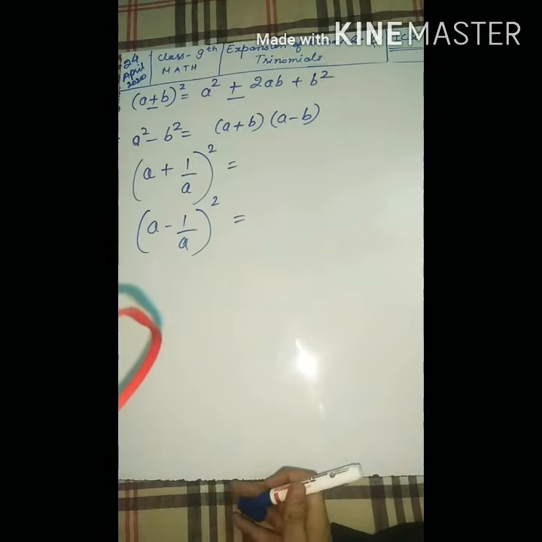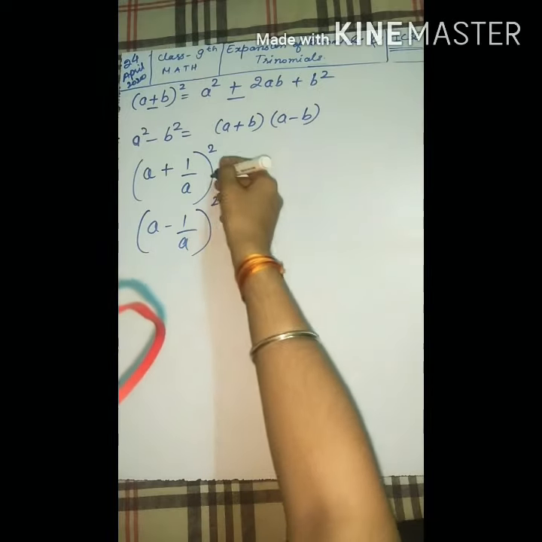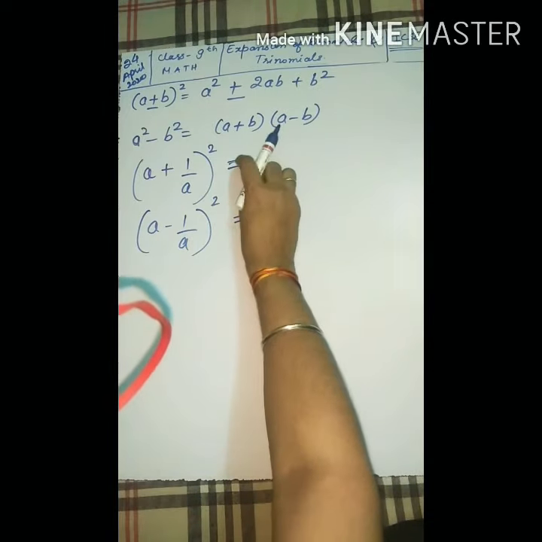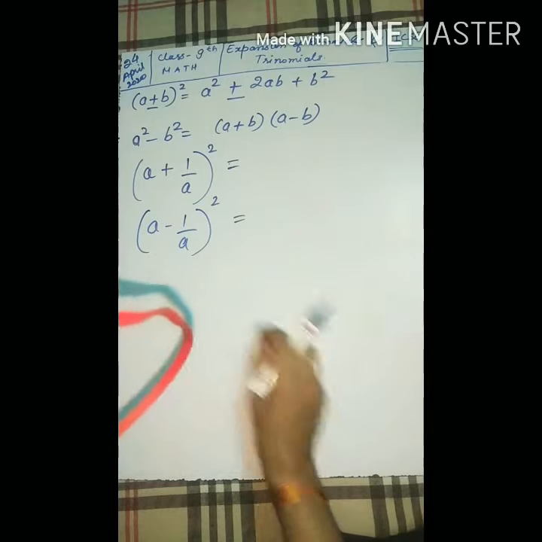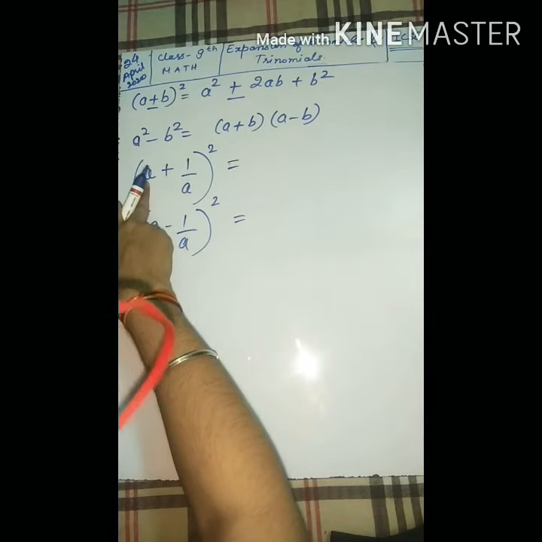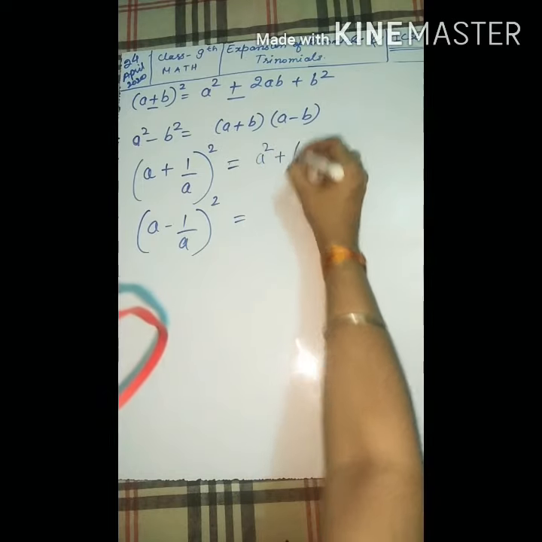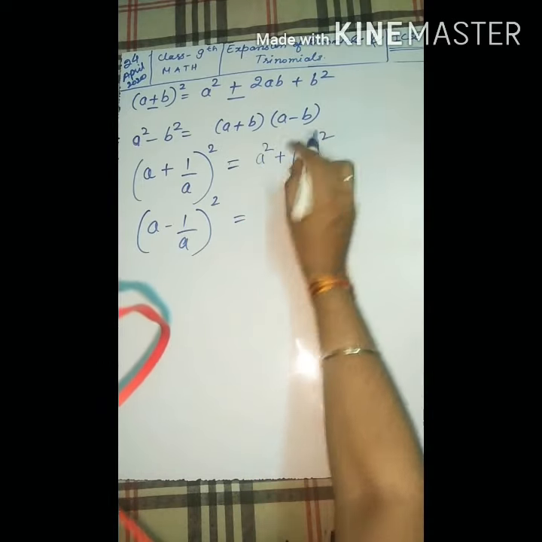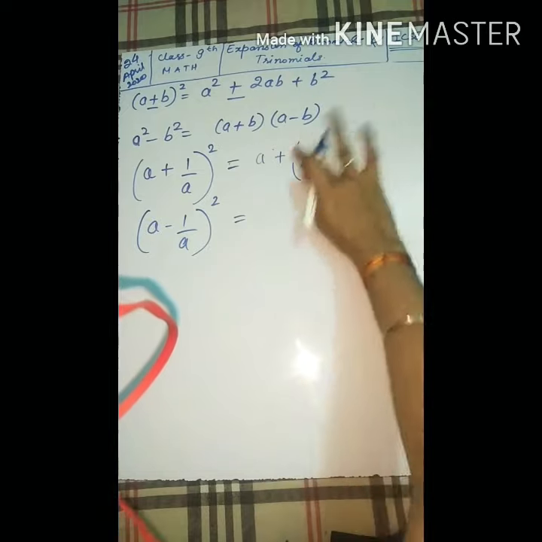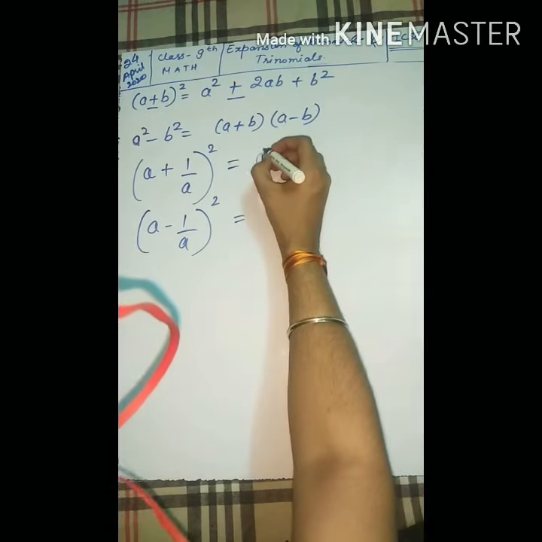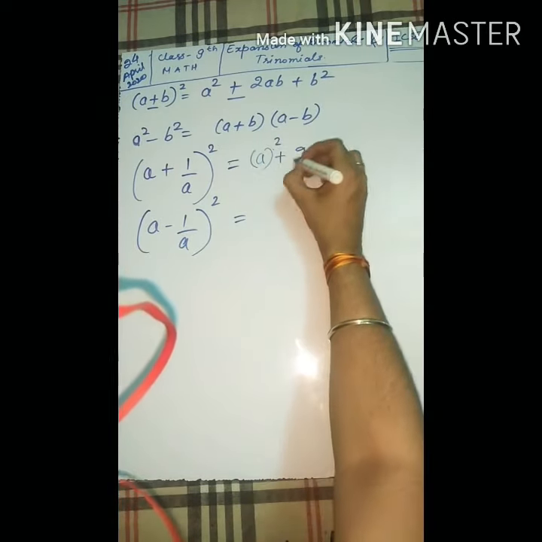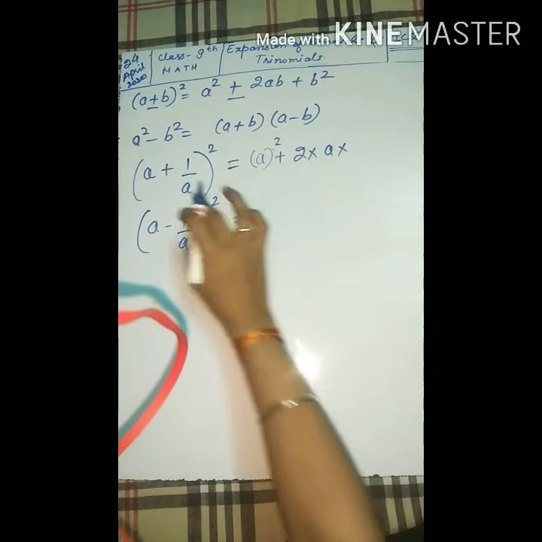We can call it an identity, or this is where we have to use this one, where you have a in place of a and in place of b you have 1 upon a. So it will be what? a square plus b square, or according to the identity we have, a square plus 2a, what is b?